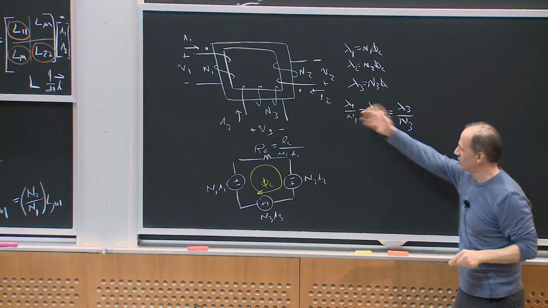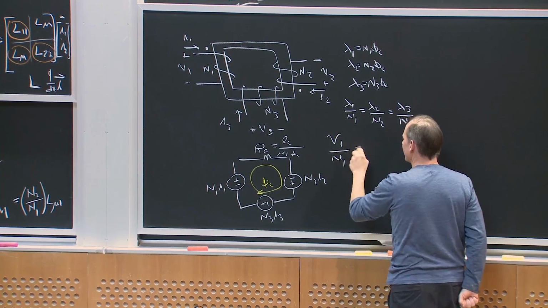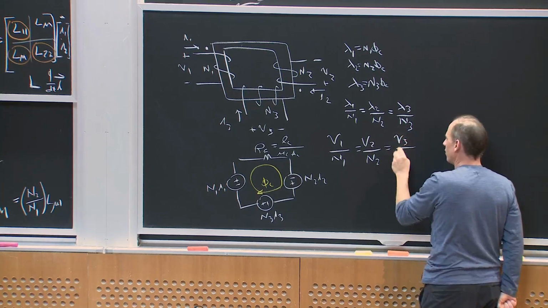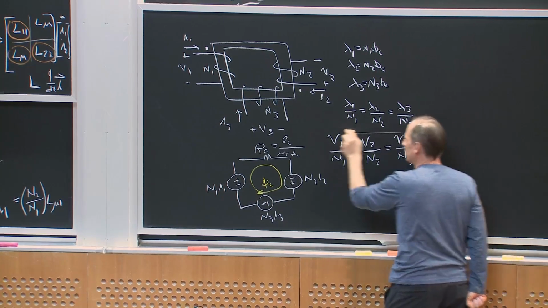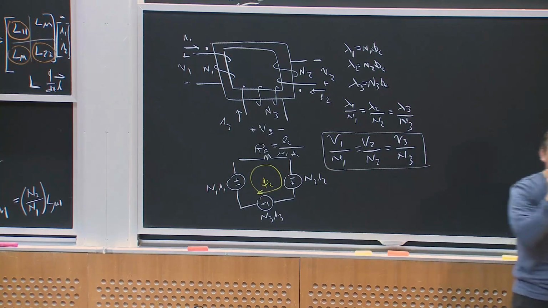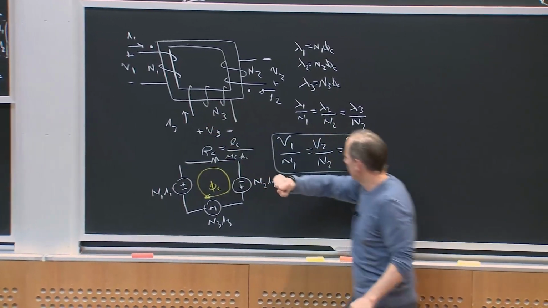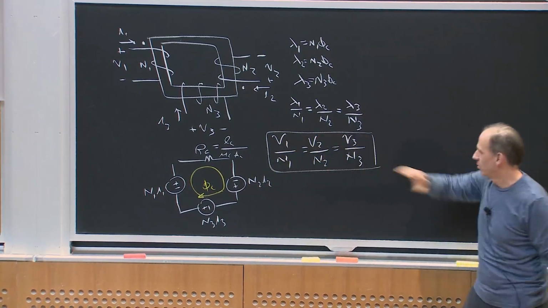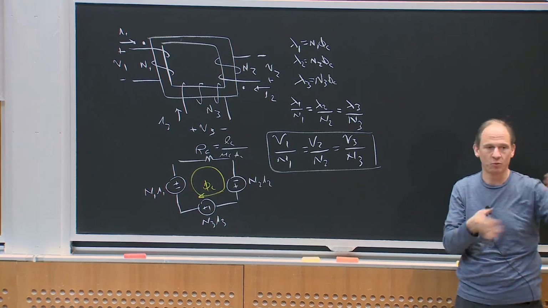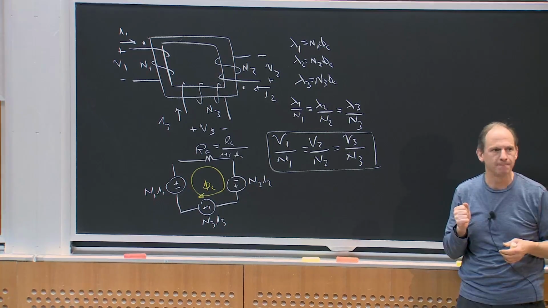Or if I differentiated this, what I would get is V1 over N1 has to equal V2 over N2, which is equal to V3 over N3. So by adding my third winding, I get just another scaled voltage. And we often do that because we often want some ratiometric sets of voltages that our transformer might create.